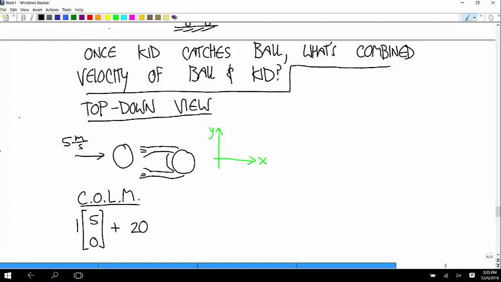What's the velocity of the kid before the collision? He's just standing there, so 0. And then after the collision, he catches the ball, and now we can think of that as just a single object with a mass of 21 kilograms. So now we can write this as 21 kilograms with whatever the combined velocity is. I'll just call that Vx, Vy. We can calculate both of those components.